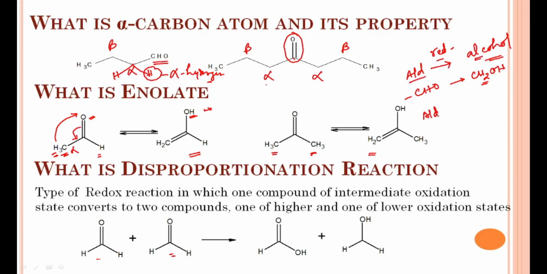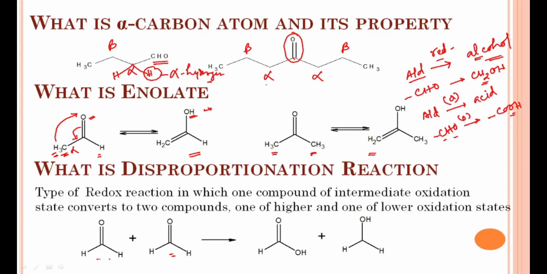Similarly, if an aldehyde gets oxidized, it gives an acid. So this CHO group gets oxidized and gives COOH. If you see, the number of carbon and hydrogen is the same, but there is an increased number of oxygen. That is addition of oxygen, so this is oxidation.